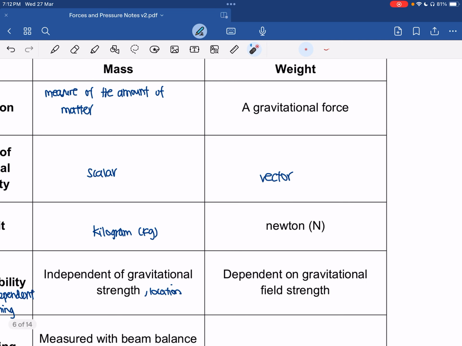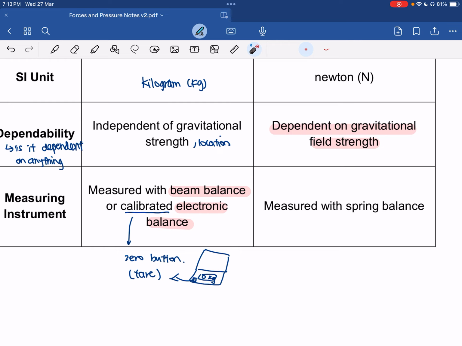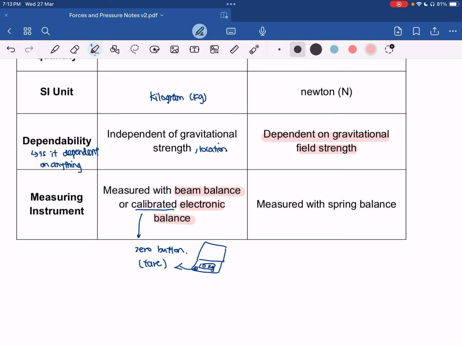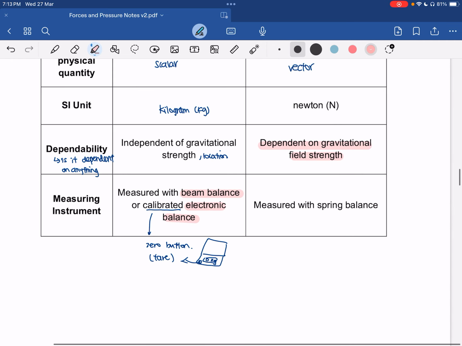Sometimes there can be some values on it even though there's nothing on top. You will press this button at the side, that is the tare button. It will zero off the value, so that whatever you place on top, you will just measure the mass of the object. Next one, the measuring instrument for weight will be the spring balance.